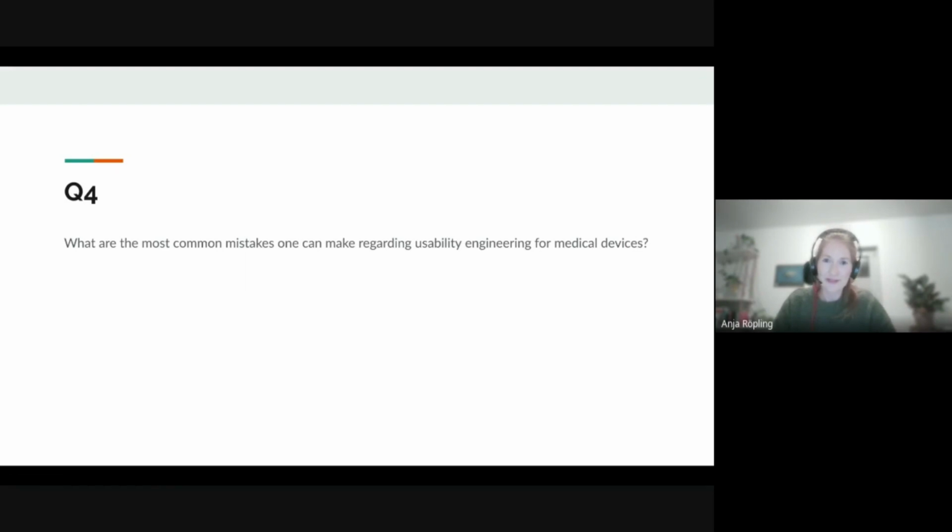And one thing that I've seen a lot is that maybe you check how the use errors can lead to any hazardous situation, but what is often left out is the other way around. How can you make sure that if you have a technical problem in your software, the user is really aware of that and knows how to react and knows about the consequences? So that's something which is often missed, in my experience.